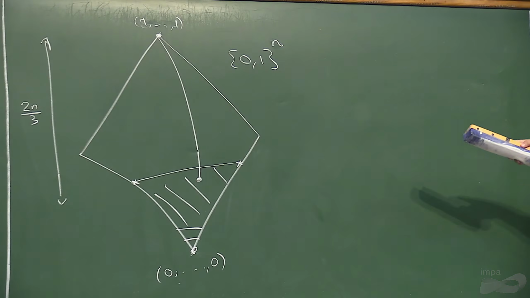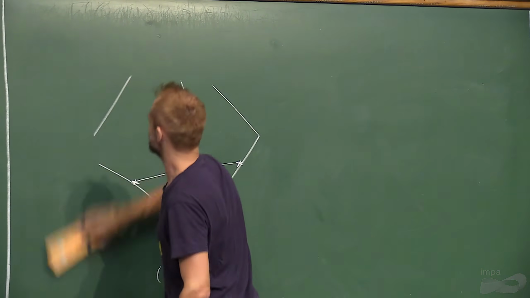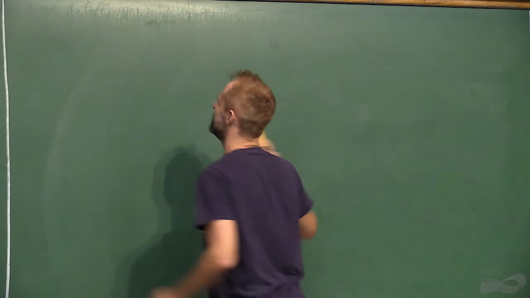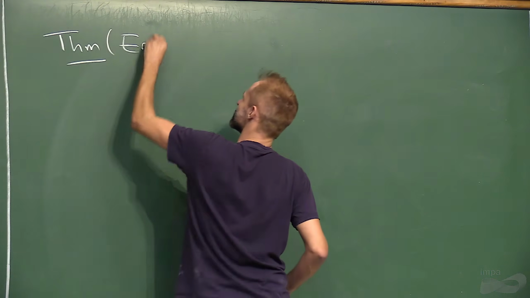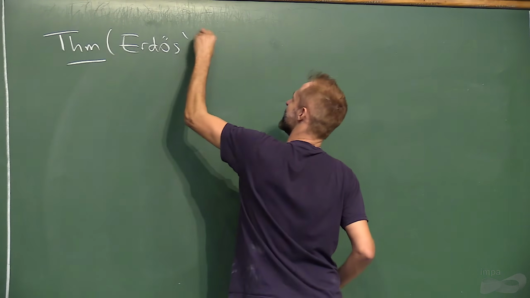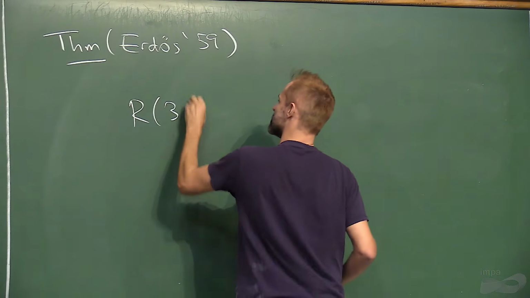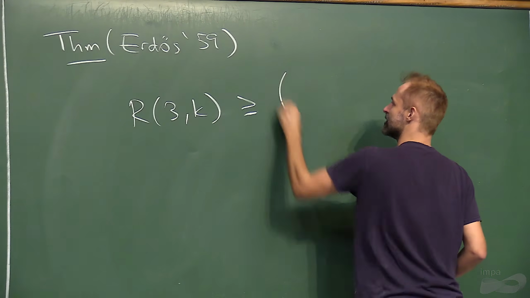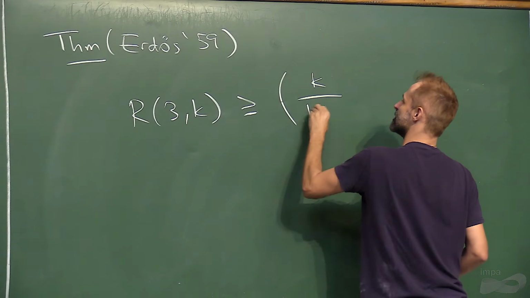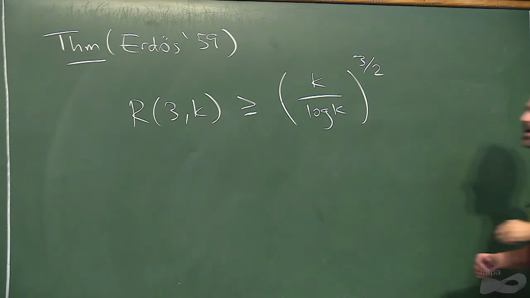Okay, so this is some clever construction that gives something not so great. Let's try and beat it. Let's try to prove, as Erdős did in '59, that this is bigger than basically k to the 3/2.